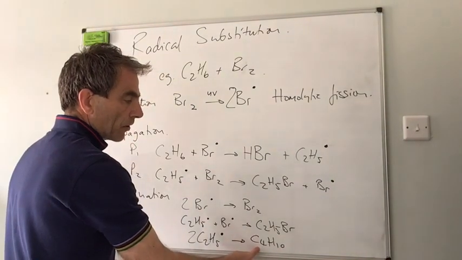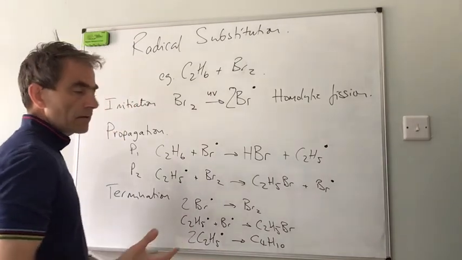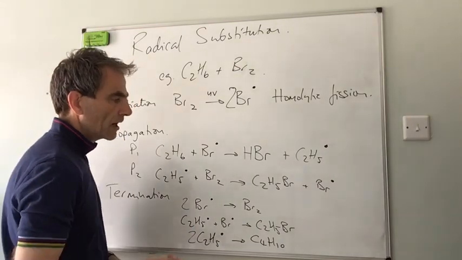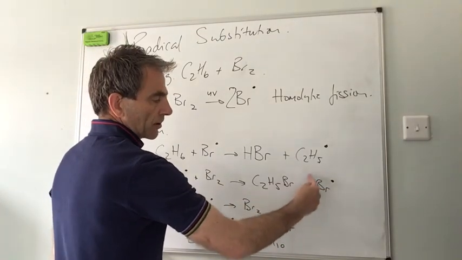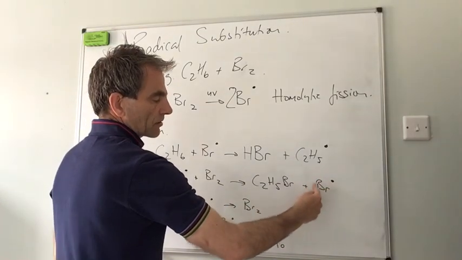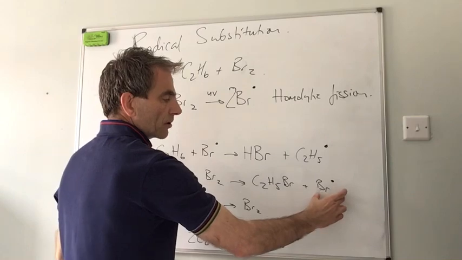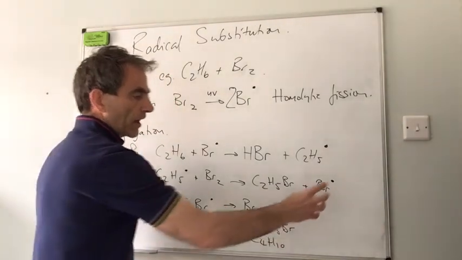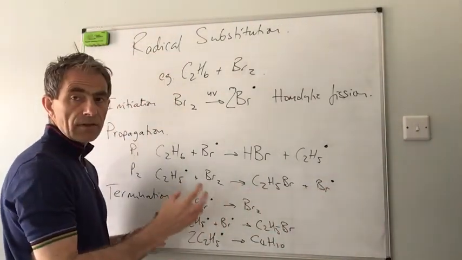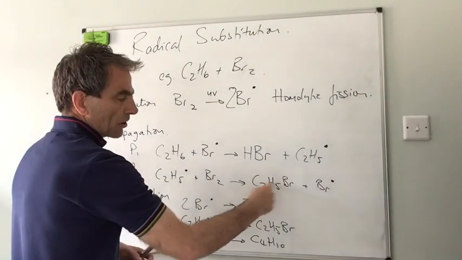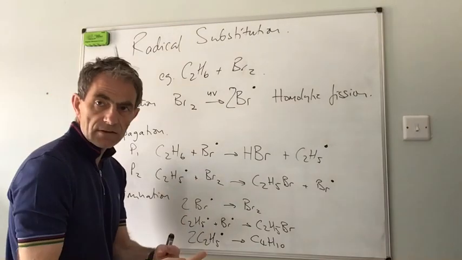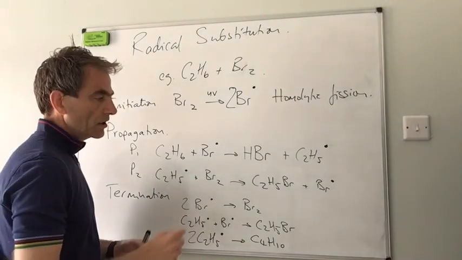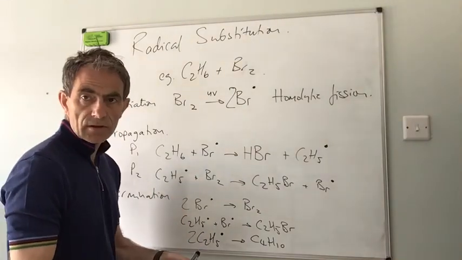Now the other thing to say is that if the halogen is in excess, you'll notice that the second propagation step actually reforms the bromine radical. What that can do is start stripping out the next hydrogen from your halogenoalkane that you've got now, and then another pair of propagation steps can happen and you can end up with the dibromo product.